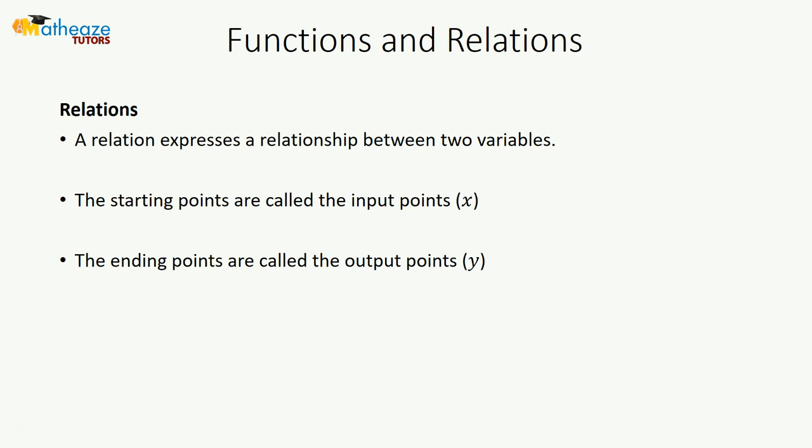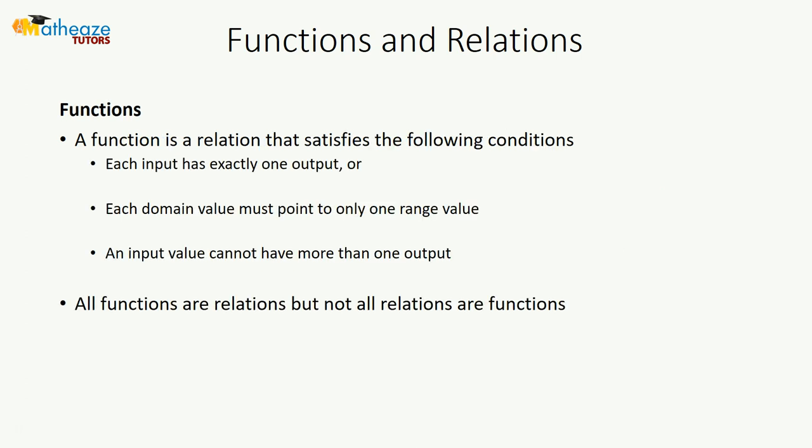Your x variable is also called your independent variable because it's your input, and your output is also called your dependent variable because its value is affected by the input variable, or the independent variable.